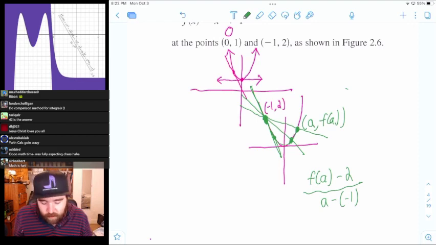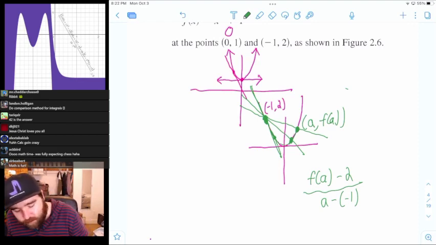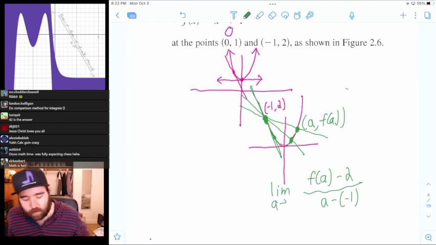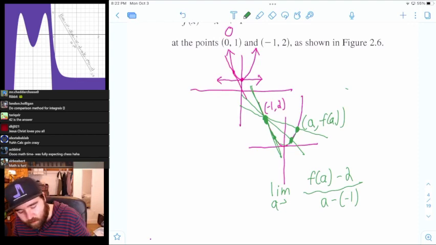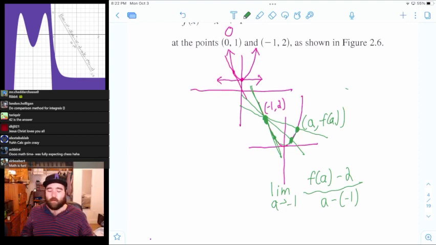That's the whole idea here. So what we're going to do is make that a value, and take the limit as that a value gets closer and closer and closer to the point that we care about, negative 1. And that's the idea of the derivative. That's really the whole definition of the derivative.